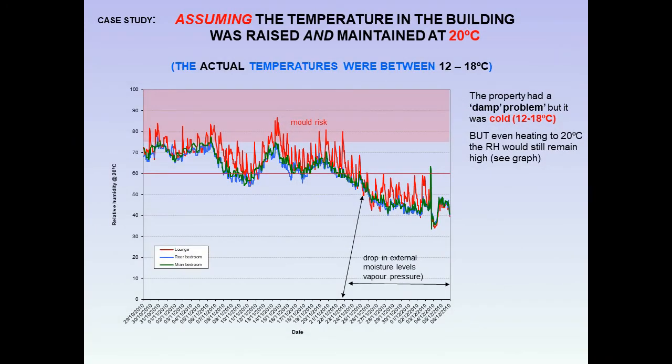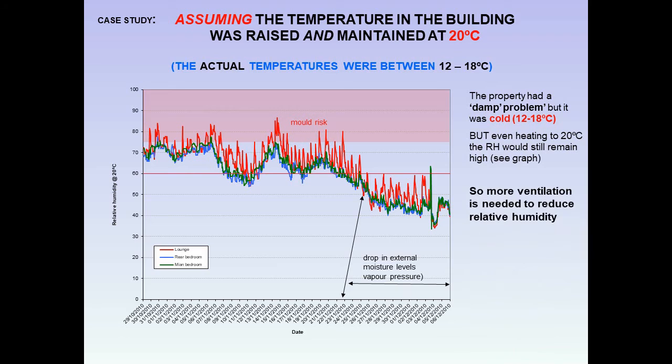Interesting case. This was a property where the actual temperatures were quite low, between 12 and 18. The property had what we could loosely call a damp problem, but again, as mentioned just now, it was cold. And even heating to 20 degrees, the relative humidity still remained high. That's on our assumption, of course, of our 20 degrees being the result of heating. We can see here the relative humidities in the diagram, and they're still pretty high and just occasionally hit the mould risk.